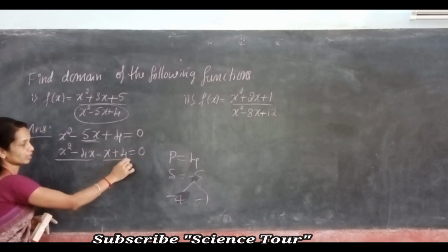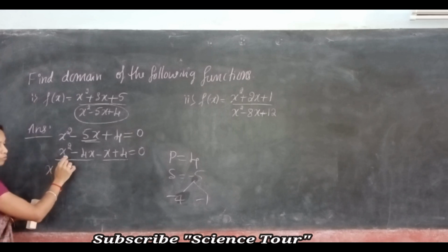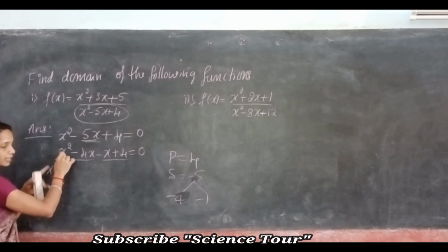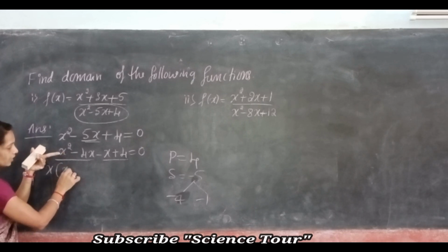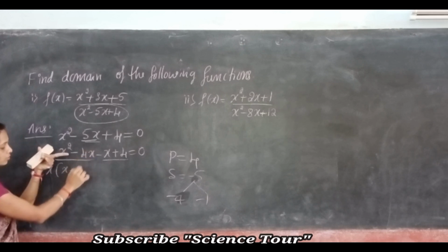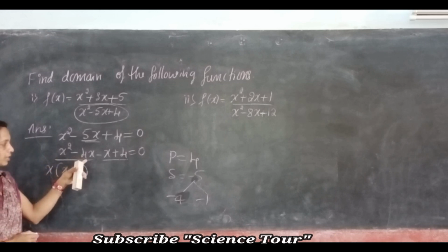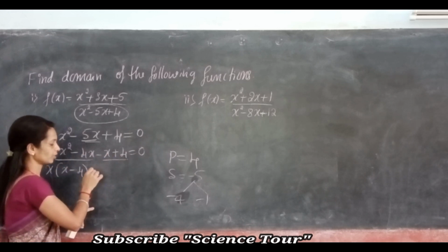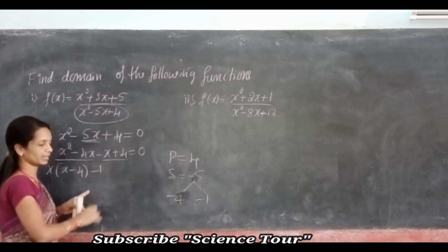After that you will make a group like this, then you will take a common factor from each group. From the first group, the common factor is x, and when that is out, the remaining is x in x square, 1x is out, 1x is in, and minus 4 is left. After completing one group you have to close the bracket. In the next group you do not have any common factor, so you write minus 1.